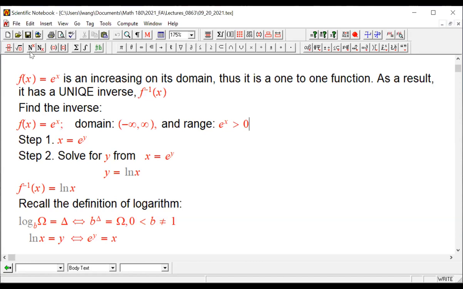X larger than 0 for the range is completely wrong. X is the input. The symbol X is for input. X belongs here. You messed up domain, you messed up input output.